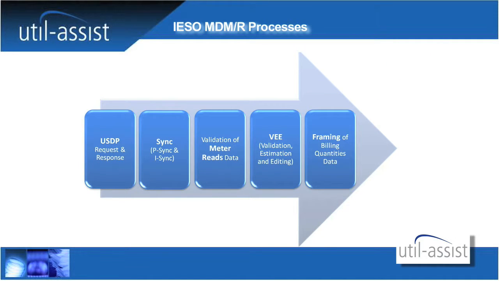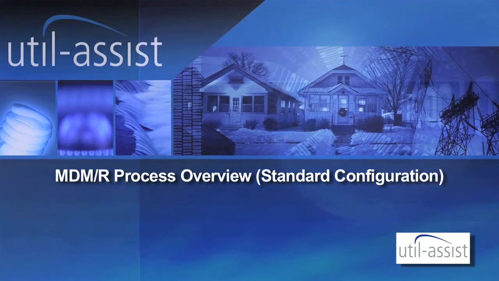When all intervals are populated with valid data, the intervals can be framed into specific time of use bins based on the framing structure defined through synchronization. The result of framing is the creation of daily billing quantities. The LDC submits a billing quantity request for an SDP, and the MDMR provides the data in a billing quantity response along with the transaction codes to describe the quality of the billing data.